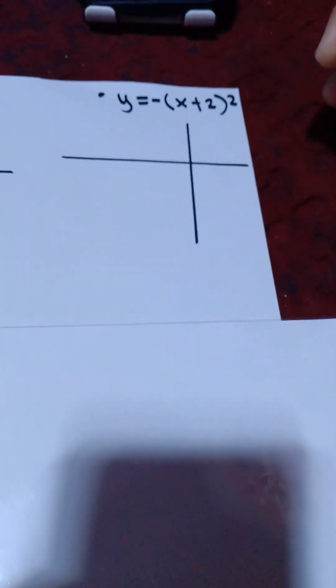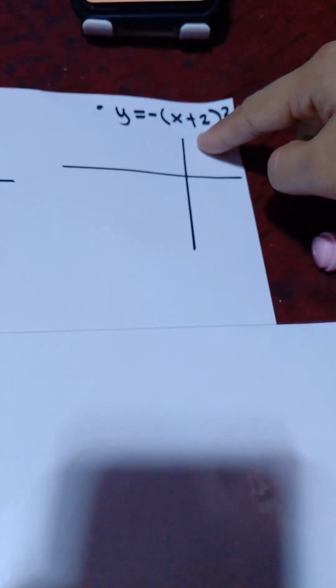So how about this example? We have y equals negative x plus 2 squared. Since we have positive 2 here, we will move 2 units to the left. So we have 1, 2.